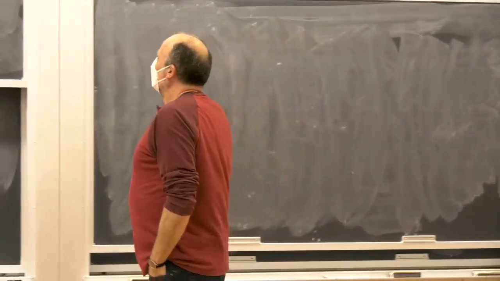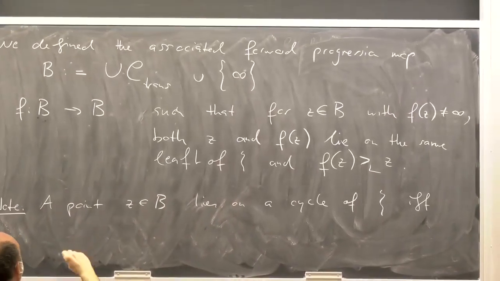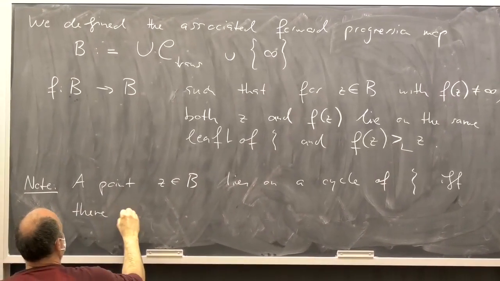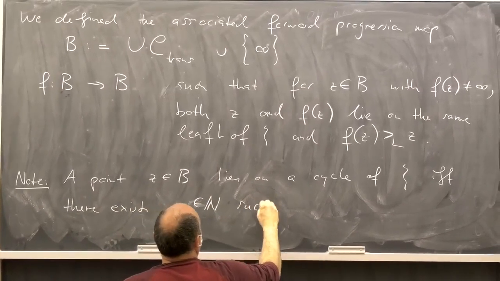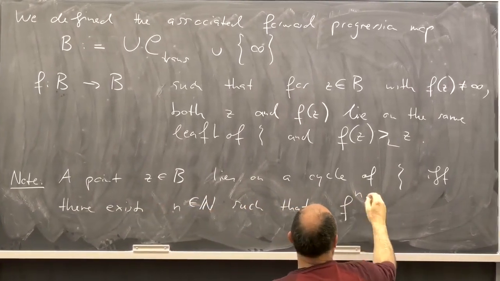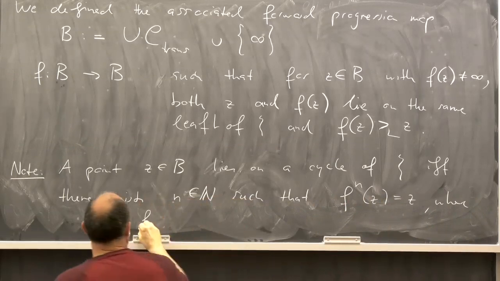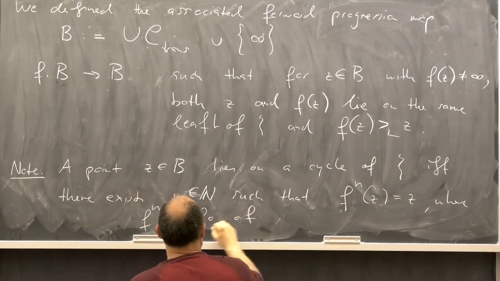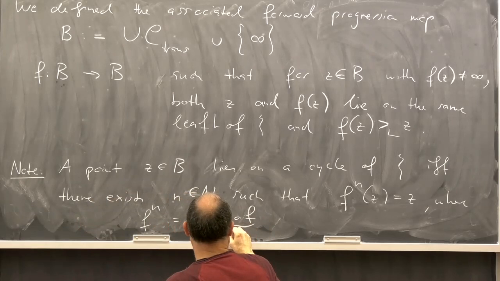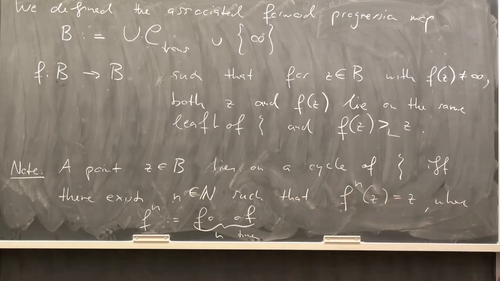So it lies on a cycle if and only if some iterate of this progression map maps it to itself: F^n of Z is equal to Z. Here F^n is just the nth compositional iterate of F. In fact n is greater than 1; we know it's at least 2.